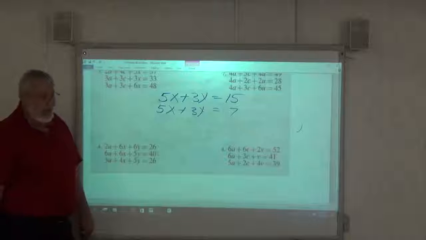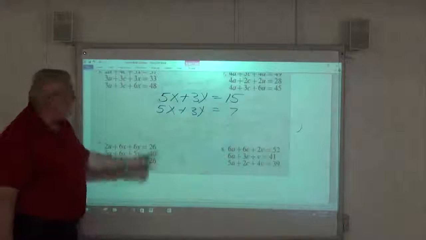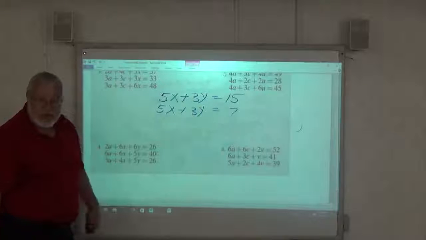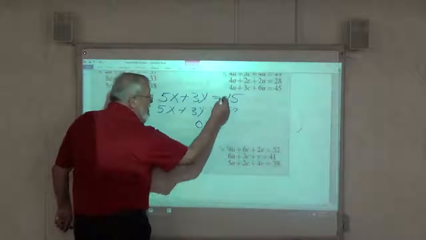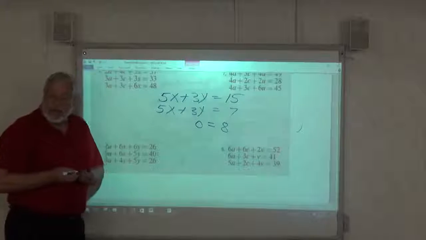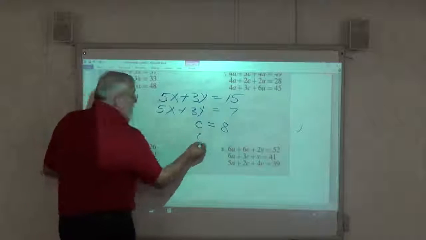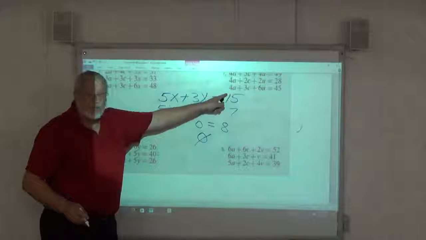No, you cannot. What happens when I add these two together? I'll get 10 and 6, but when I subtract them, you get 0. I get 0 equals 8. How often does 0 equal 8? Never. And so the answer is the null set, because these lines are parallel with different intercepts.